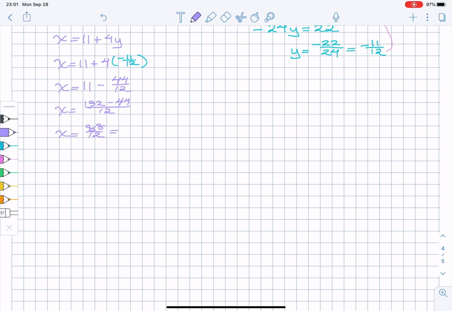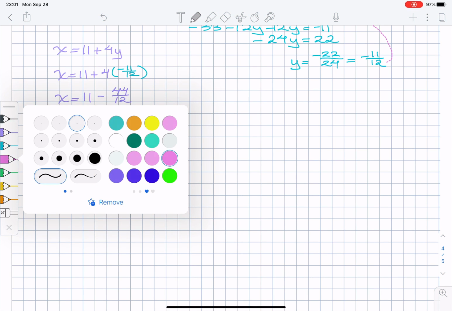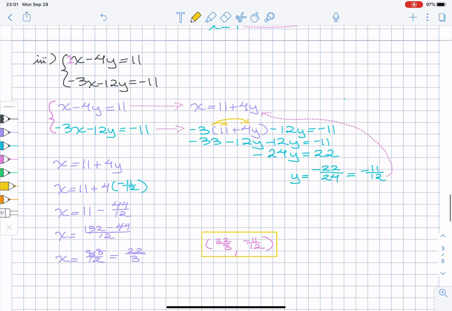Well, does 4 go into 88? It does, 22 times. And 4 goes into 12 3 times. 22 over 3. Interesting. Okay, so we have as our solution the point x, 22 over 3, y, negative 11 over 12. Terrible numbers. Don't worry. Hopefully we won't see these terrible things, but you get the idea.